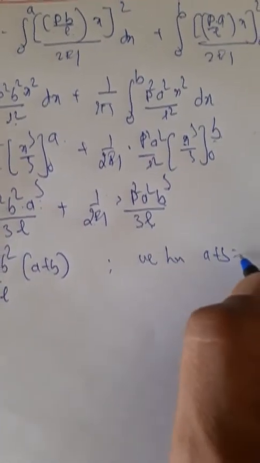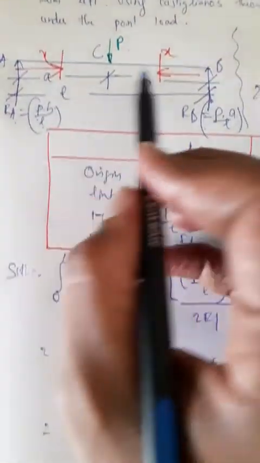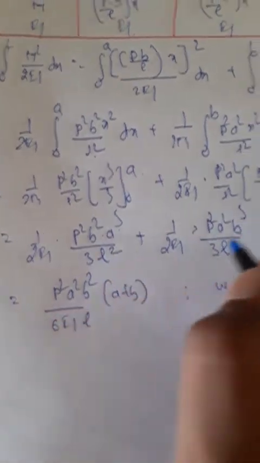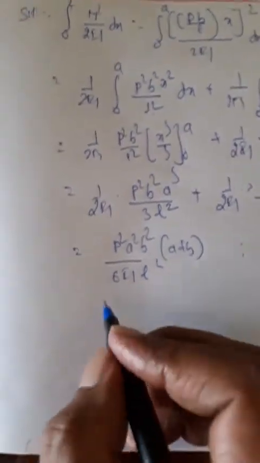Just look here, A plus B is equal to L. So substitute A plus B is equal to L.